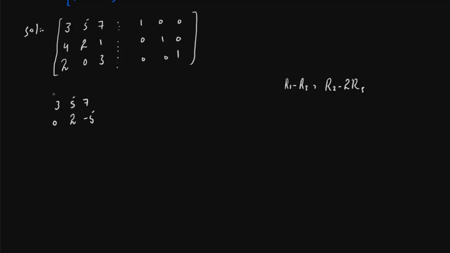And now this one we are going to operate on the first row as well, so we have 3 minus 2, and that will be 1, and 5 minus 0, that will be 5, 7 minus 3, that will be 4. Now the last one, because we have not done anything, we are going to write that as it is.